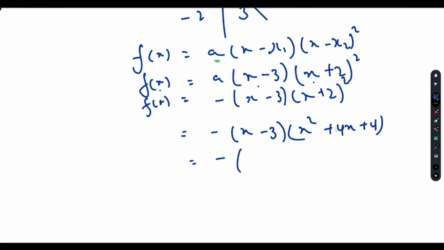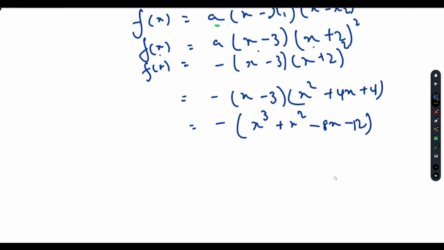Then multiplying the two brackets, distributive law, and I'm not going to show adding the like terms, I'm just writing down the answer. So we have x cubed plus x squared minus 8x minus 12, and finally we can multiply our negative into the bracket, so we get minus x cubed minus x squared plus 8x plus 12.